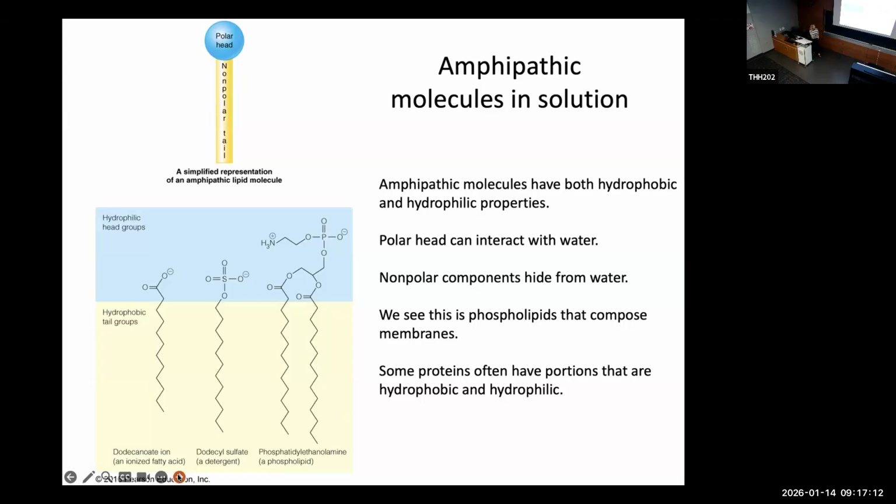The head groups, though, what do you notice about those? They're charged, right? They have some charge to them in different ways. They have different atoms and so on, but we know that those charges are going to interact well with water. So the head groups there are hydrophilic, the tails are hydrophobic, and we see these in phospholipids that are in membranes.